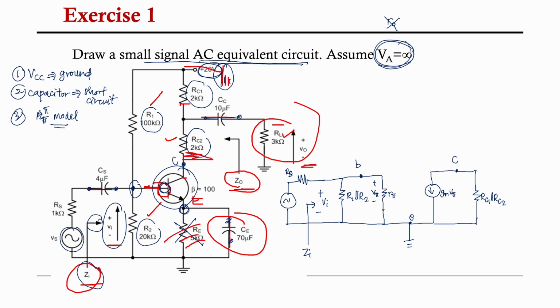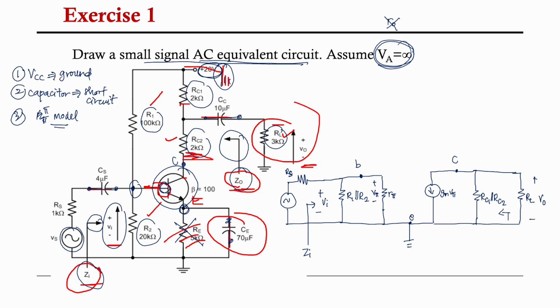And then what else do we have here? We have the RL, the load resistor. So this is going to be your RL, and we're going to have positive, negative, V out. Before the load resistor, we have the output impedance.